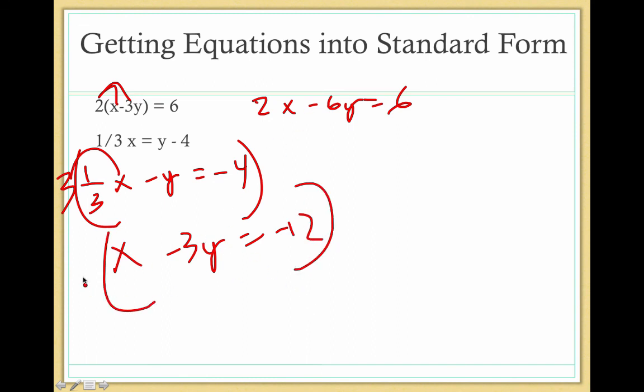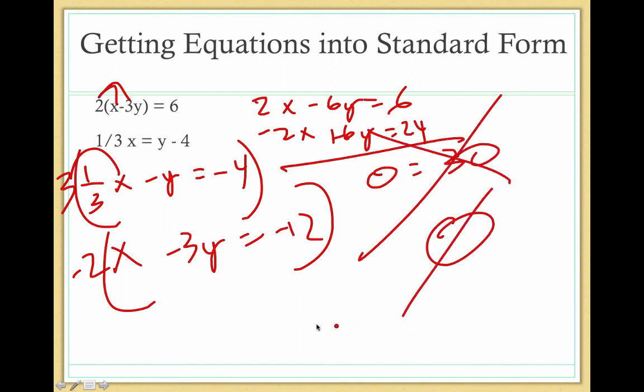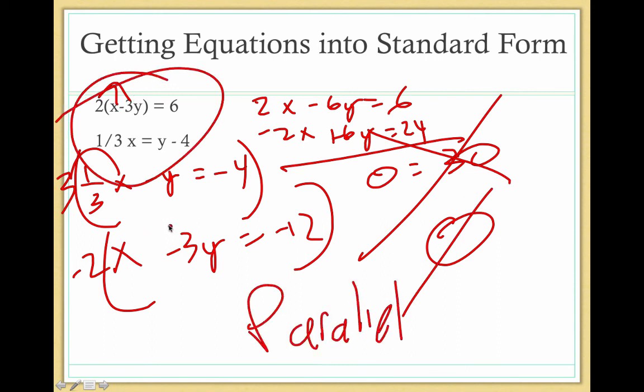And then if I multiply this one by negative 2, I get negative 2x plus 6y is 24. Look at that, I got 0 equals 30. Can't do it, no solution, parallel. So when they're all screwed up like this, the first thing you got to do is put them in standard form.